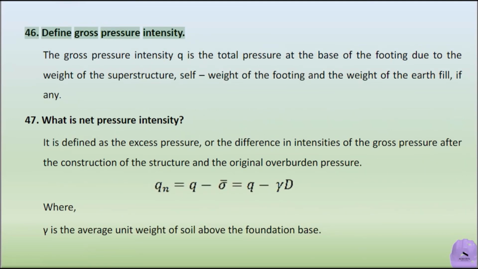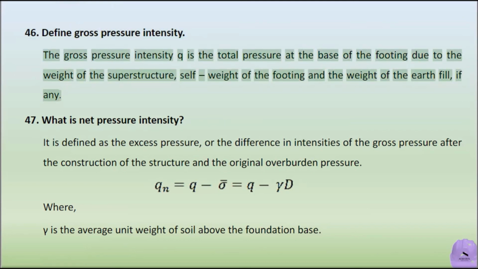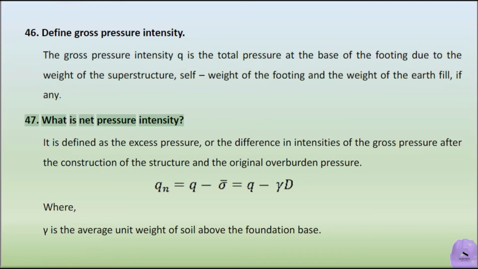Define gross pressure intensity. The gross pressure intensity q is the total pressure at the base of the footing due to the weight of the superstructure, self-weight of the footing, and the weight of the earth fill, if any. What is net pressure intensity?